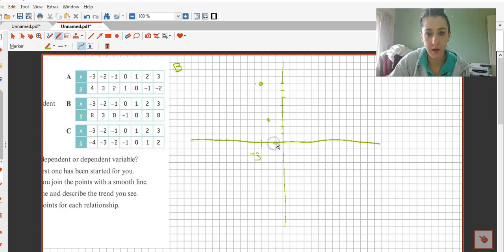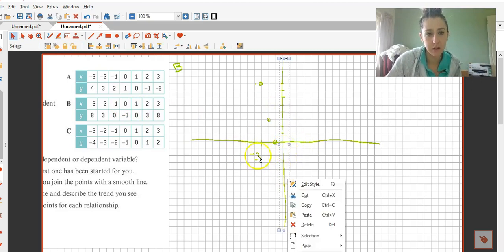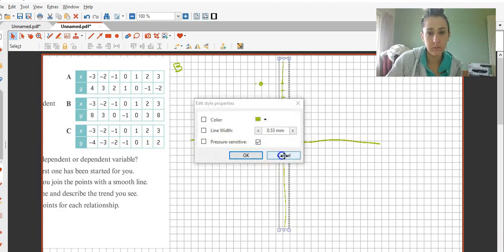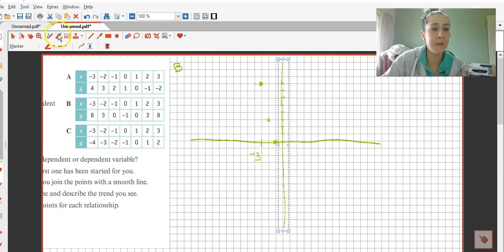Get our drawing tool back. All right, next up is x is equal to 0 and we're down to -1. Not having a good time with this technology today. All right, over to 1 and we've got a 0 there.